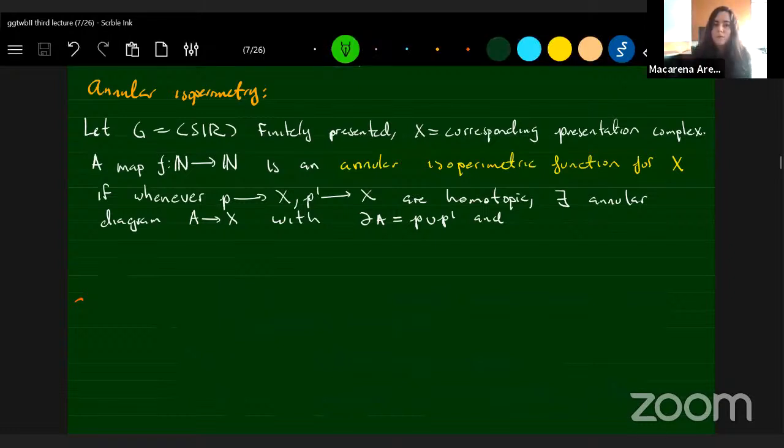So if we have a group given by a finite presentation, and we have its corresponding presentation complex, a map is an annular isoperimetric function for the presentation complex, or for the presentation, if whenever we have two paths that are homotopic in the presentation complex, there's an annular diagram whose boundary is exactly the union of these two paths, and for which the area is controlled by the function evaluated on the length of these two paths. Okay.